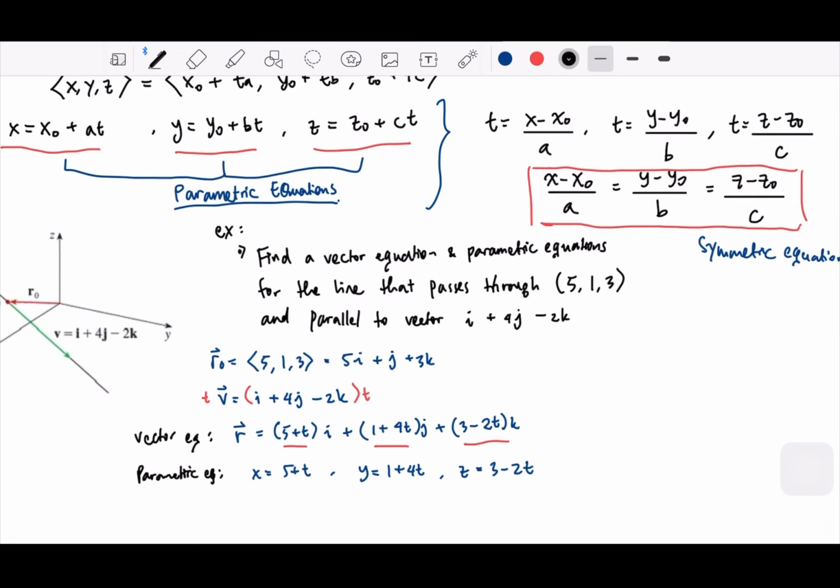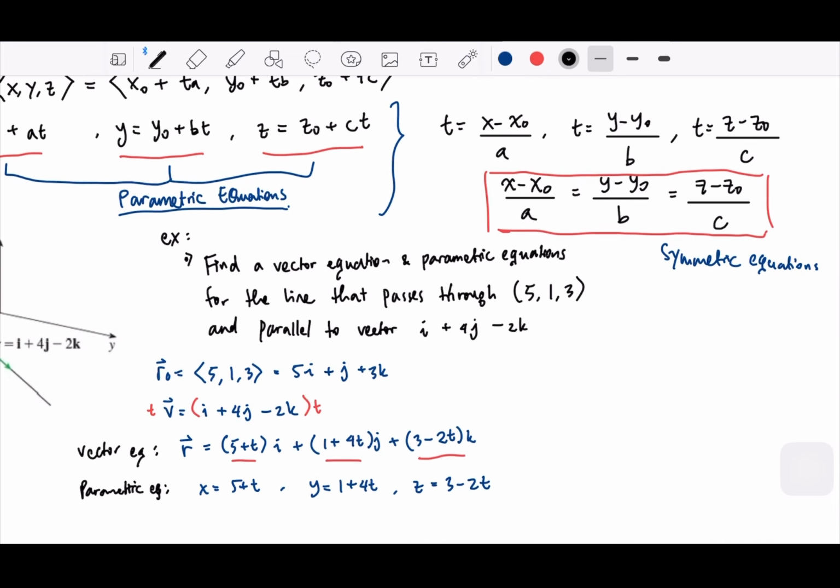And some notes, or maybe just one note. What happens if one of these directions is 0, maybe A is 0 or B is 0 or C is 0?